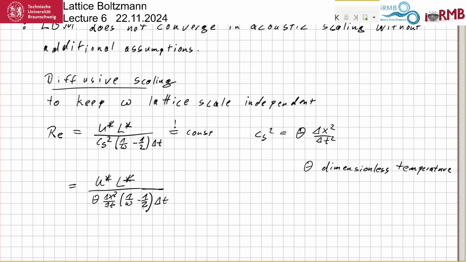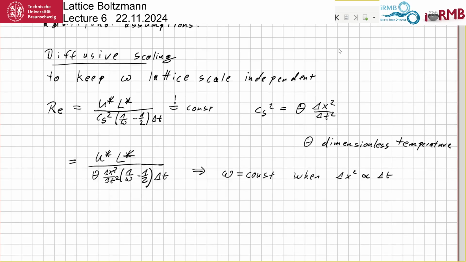Now when we want omega equal to constant, then this is the case when delta x square is proportional to delta t. Because here the square is missing, delta x by delta t. So we can cancel out one delta t, and then this will turn out like this.